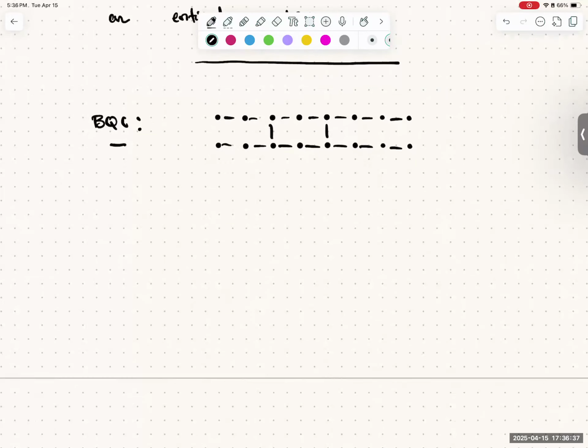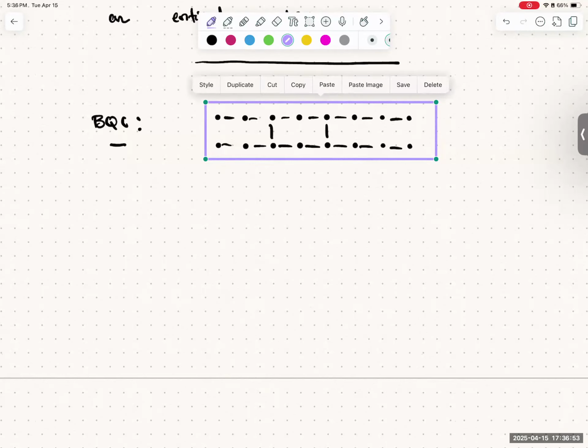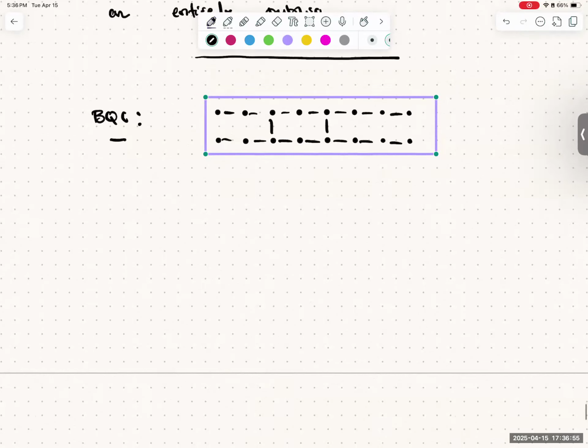But it was quite redundant, because you have these 8-layer blocks like these, and these could be used to actually perform any gate that you want.